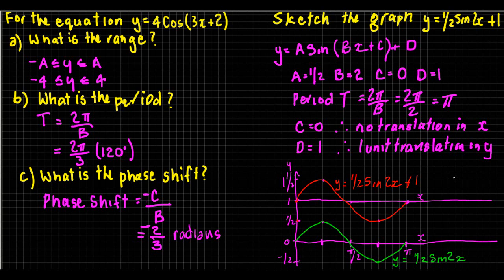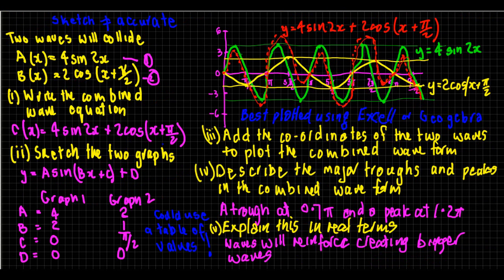With the translation of 1, it is moved up and ranges between 1.5 and a half, there being no negative values in this instance. Now, just to remind you once again that a sketch is not equal to accurate, it's just a sketch of the graph.